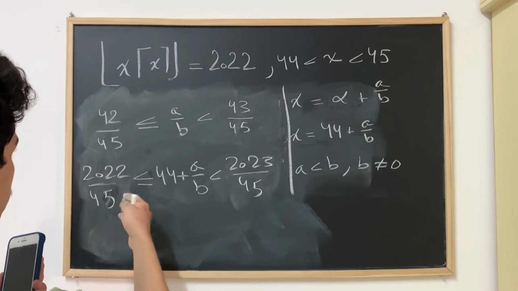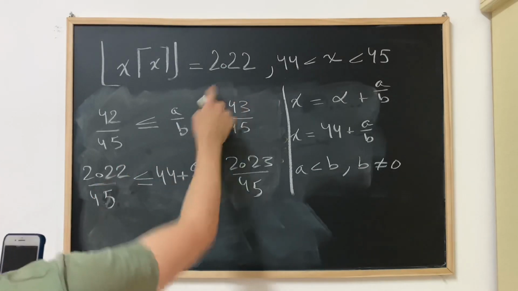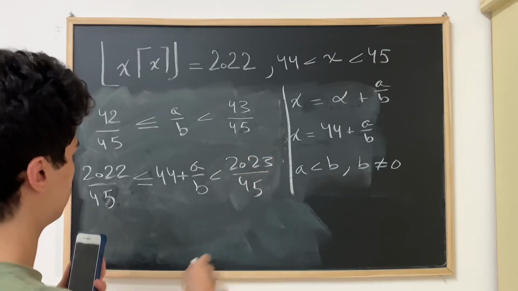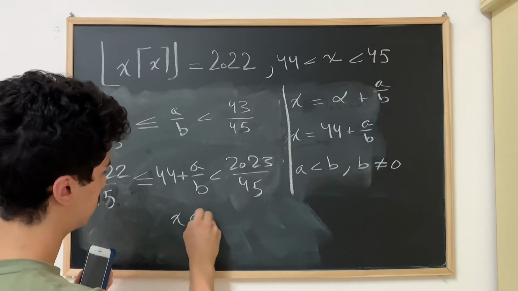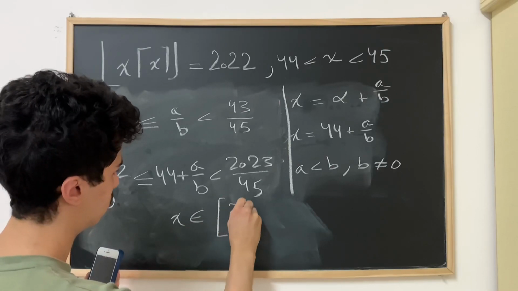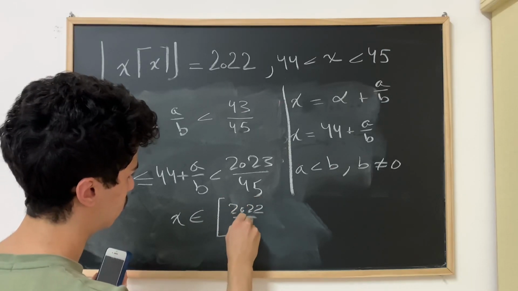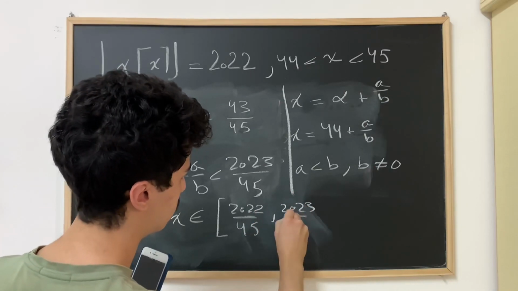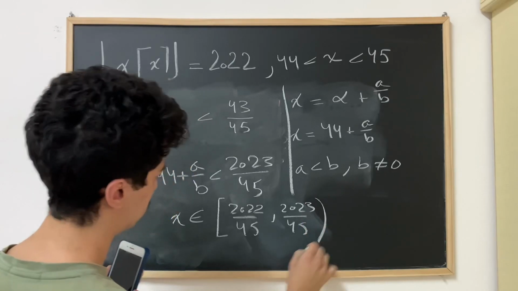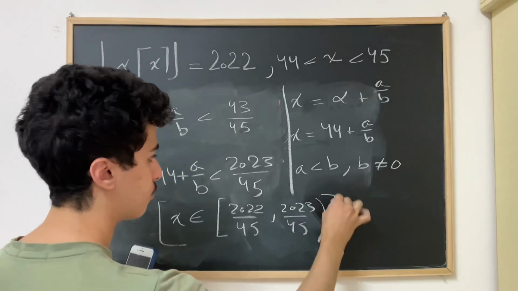This value is allowed, we'll multiply by 45, you'll get the same answer, but this one is not. So x is in the range, and this is our set of answers.